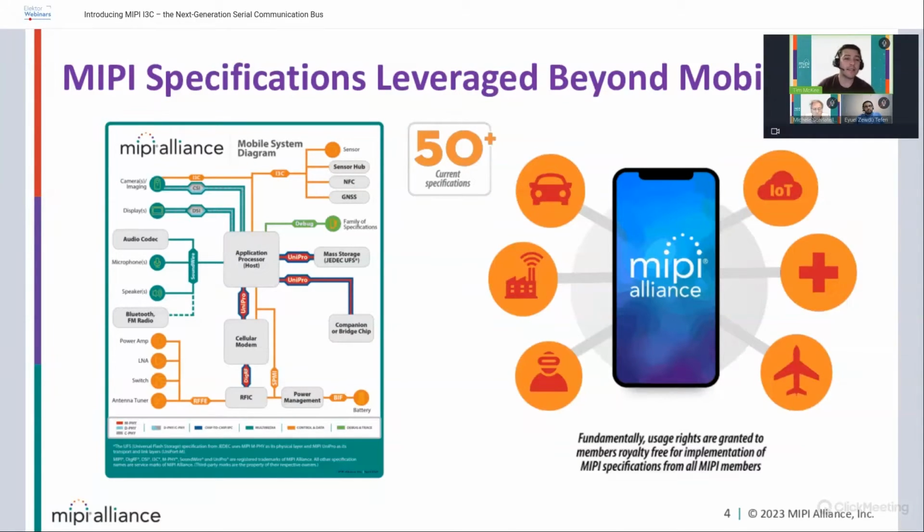On the left side, you can see this mobile system diagram highlighting all of the different technologies that MIPI has been able to produce, from display, Unipro, DigiRF, debug, all sorts of different interfaces spanning the mobile system, but also outside of that, getting into IoT, industry, automotive. Those 50 specifications that MIPI has produced has really broadened that reach, right?